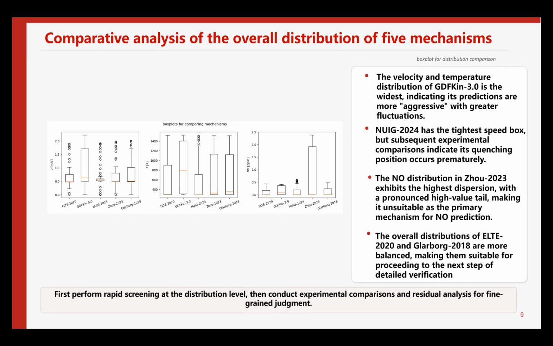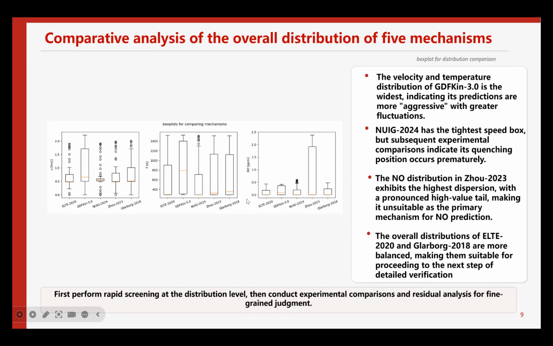Jiao 2023 has large dispersion for NO, so it is not very suitable for NO prediction, and ELTE 2020 and Glarborg 2018 look more balanced.